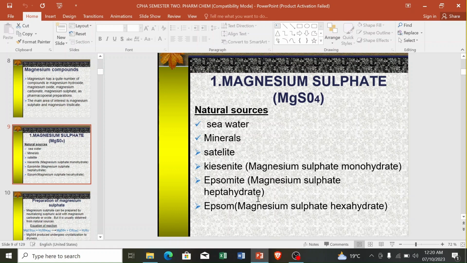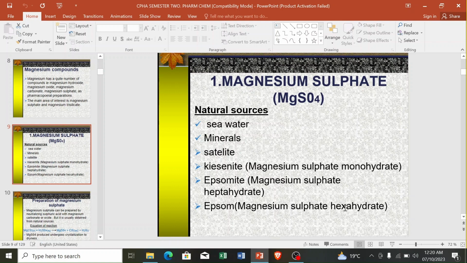All of them have water of hydration, and epsom salt has magnesium sulfate hexahydrate. Hexa is 6, meaning this one has 6 molecules of water.